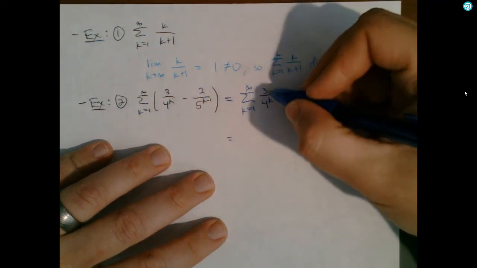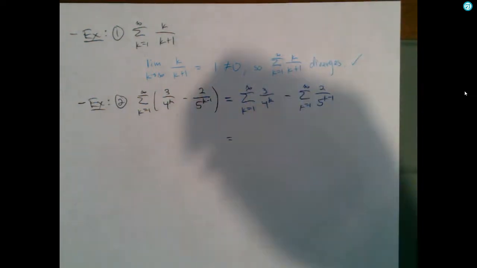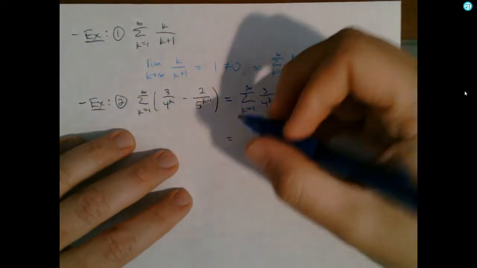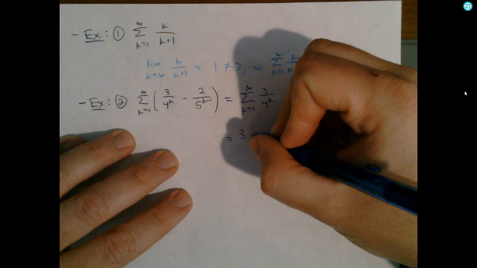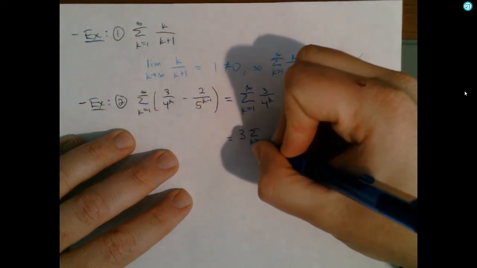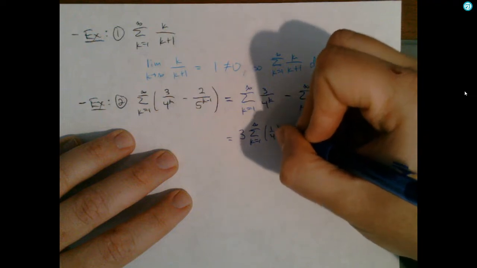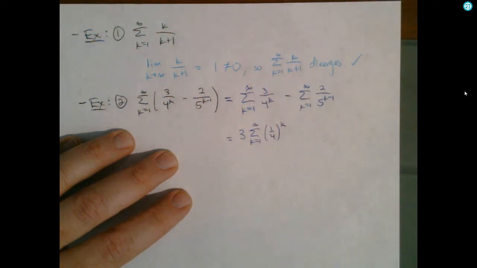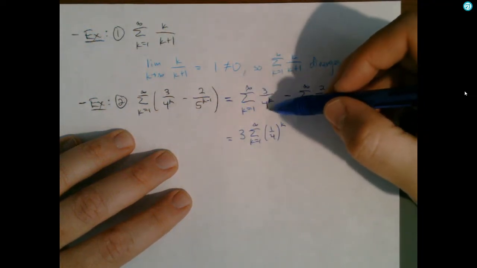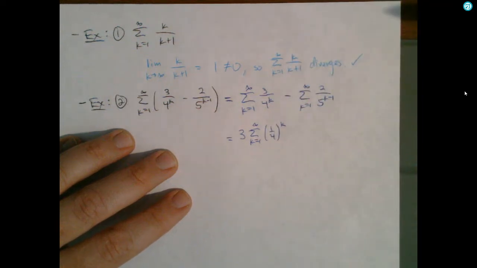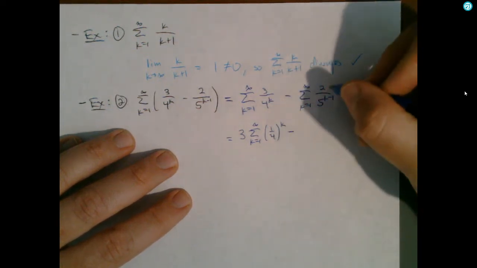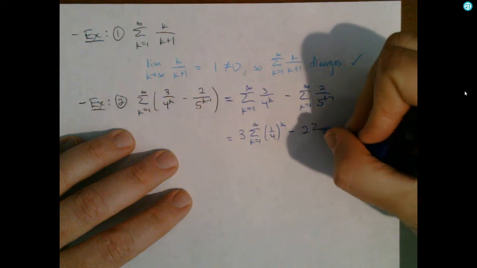And then here I can remove the 3, right? So I'm going to use part B of that same theorem to remove the 3. And then if I remove the 3, then I have 1 over 4 to the k. And then I'll do the same trick here. Take the 2 out.